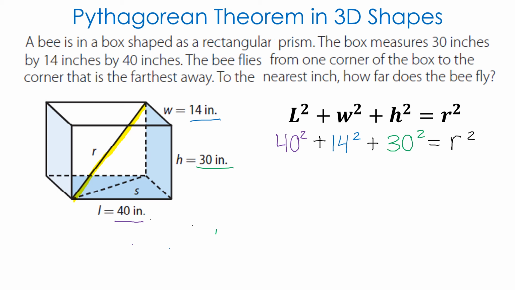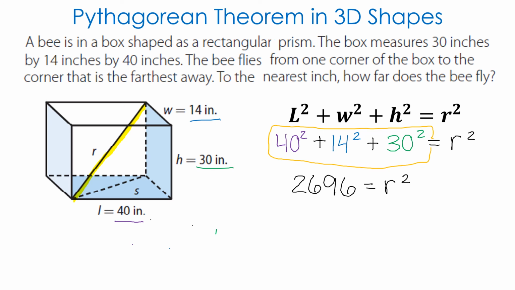Just like previously, we can type the entire expression into our calculators. 40 squared plus 14 squared plus 30 squared equals. You should get 2,696, and that equals r squared.